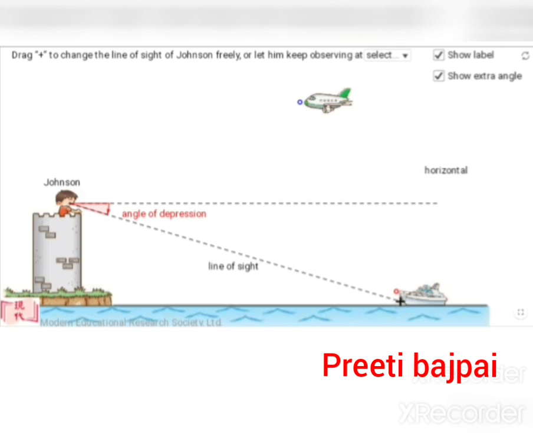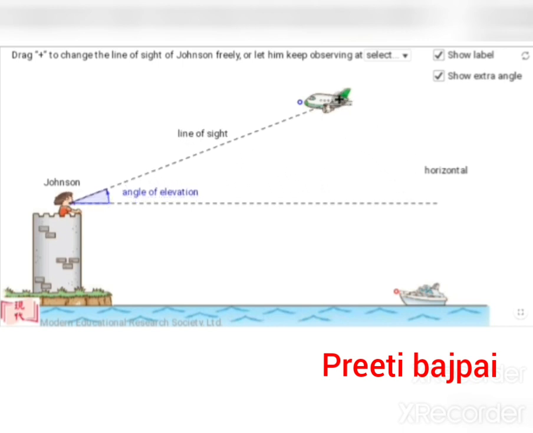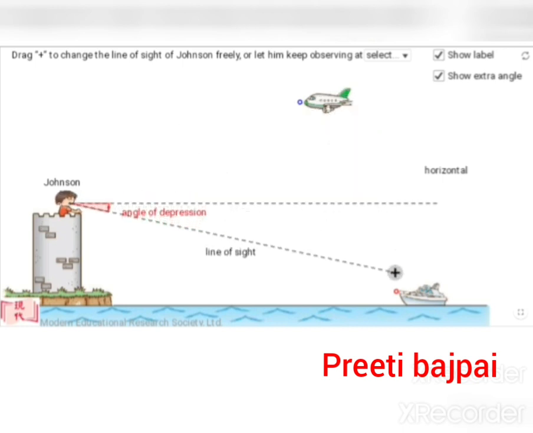And if he wants to see an aeroplane, he has to raise his head. So, when he is raising his head in the upward direction, we get the angle of elevation, and when he moves his head downward, we get the angle of depression.